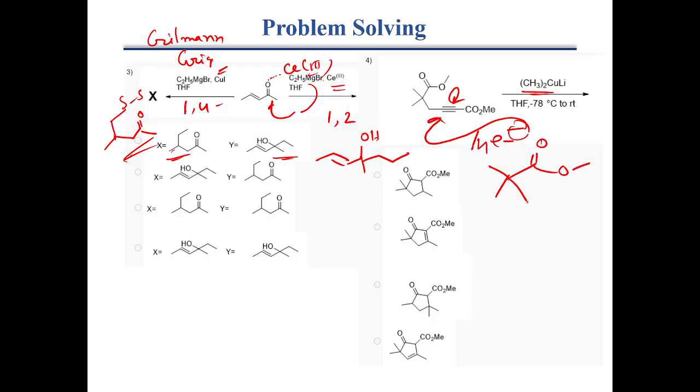So this is the methyl from the copper compound, then CO2Me, and then the negative charge. Now this negative charge can react with the carbonyl and liberate this OMe. So methoxide will leave from the system.